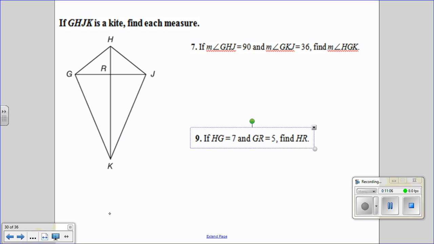GHJ is a kite. We're going to find each measure. So we know that this is perpendicular and this GR is congruent with JR. We know GH is congruent with HJ, GK with JK.